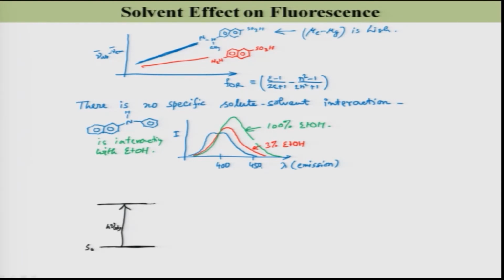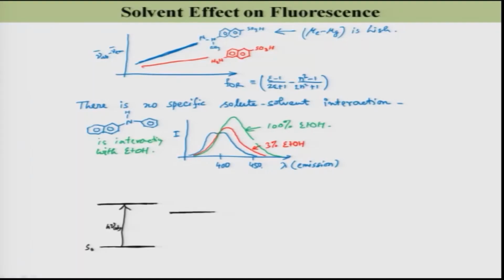This excited state will stabilize because of the solvent reorientation, that we have already seen, and that is why this f is applicable when I am talking about the emission part. So, let us say this is my stabilization, and then emission is taking place from here, lambda emission or h nu emission.